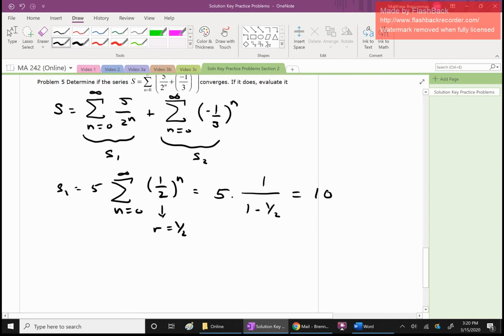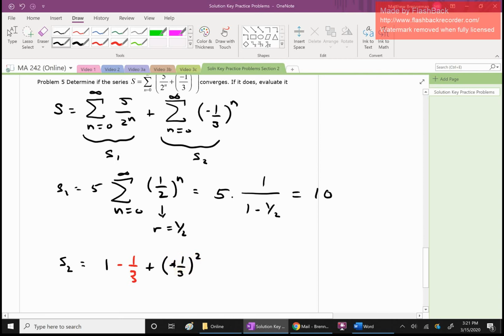Now, if I look at S2, S2 again has these alternating signs, right? So I'm going to notice that at n equal to 0, I get 1. And then at n equal to 1, I get minus a third. And then at n equal to 2, I get minus 1/3 squared, and I'm going to make it positive 1/3 squared.